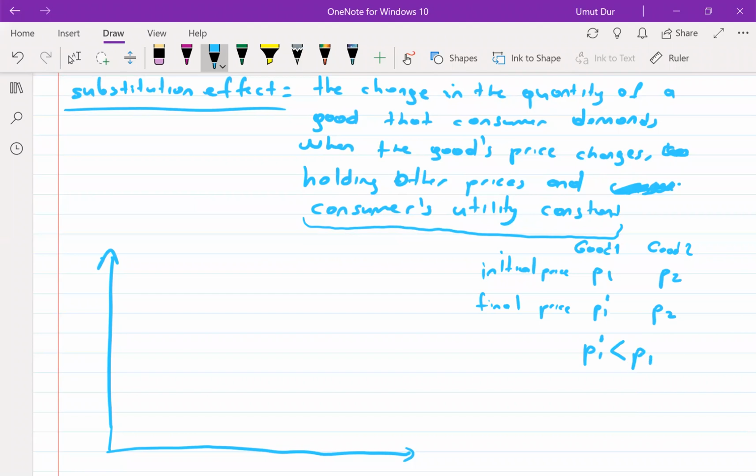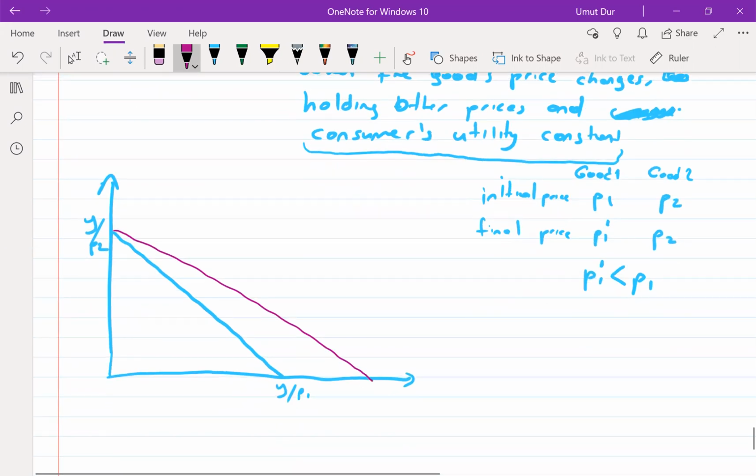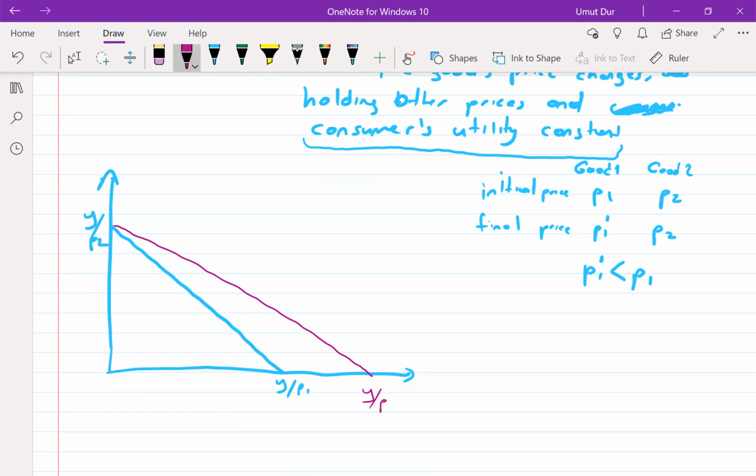So we are decreasing the price. This is the initial budget line. Here Y over P1, here Y over P2. Then I decrease the price of good one. This is Y over P1 prime. Okay, so the budget line becomes flatter. So this is good one, this is good two.